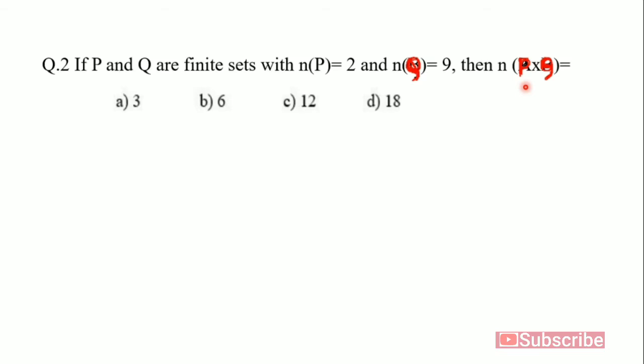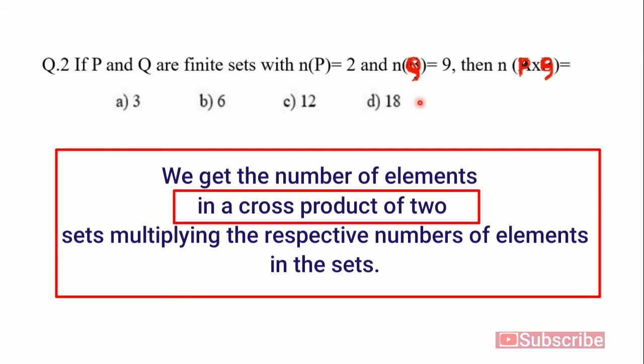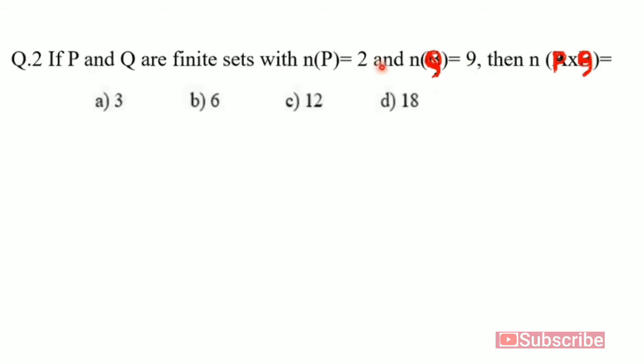The way of finding the number of elements in cross product is to multiply these two numbers. We get the number of elements in a cross product of two sets by multiplying the respective numbers of elements in the given sets. Okay. Here P contains 2, Q contains 9. That means the product of 2 and 9 is the number of elements in P cross Q. So that is 18. It is simple.